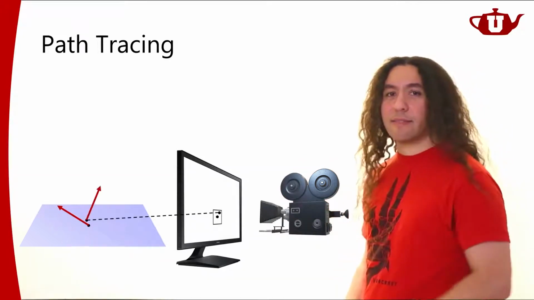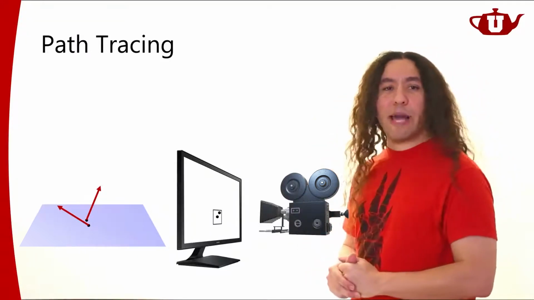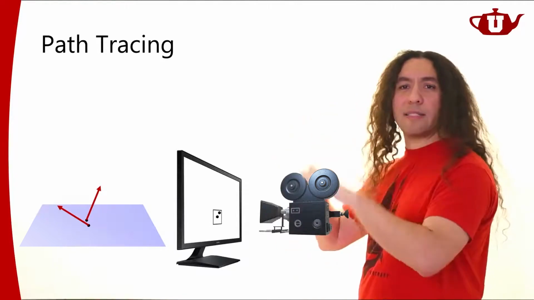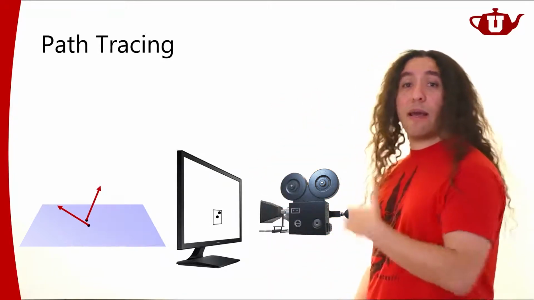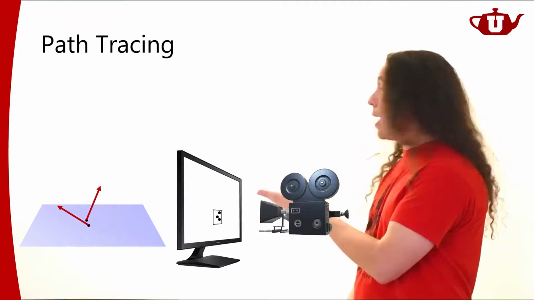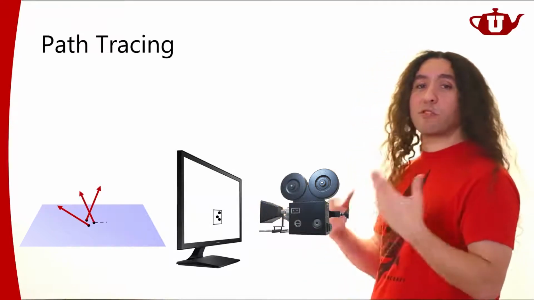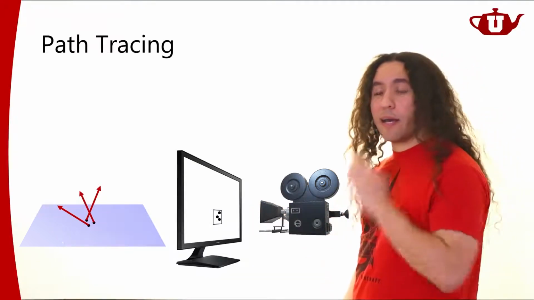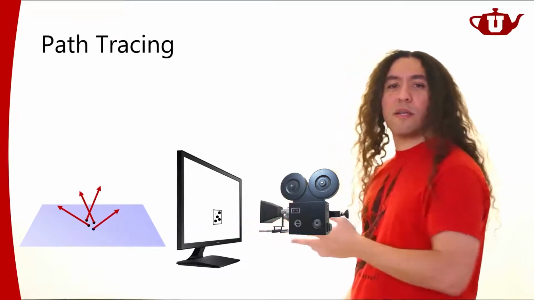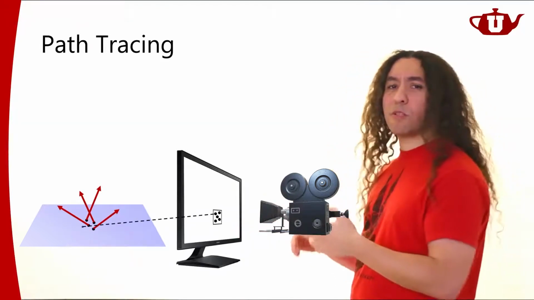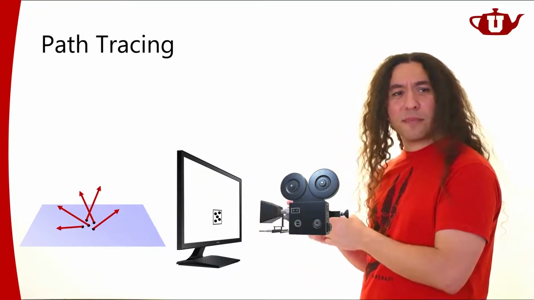And I trace that, find another point, and again I pick another random direction over there, and I trace that, explore all these paths and find all these paths. And when I'm done, I start with another random point, another random sample from my pixel. That corresponds to another point, and I explore that, another random sample, that corresponds to another point, and another random sample, that corresponds to another point. So, you see what I'm getting at here?